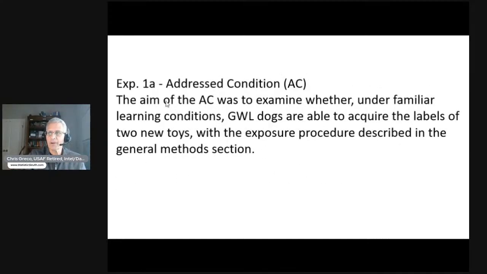So they had experiment 1A, which was the address condition. The aim of the AC was to examine whether under familiar learning conditions, in other words, in their homes with their owners, GWL dogs are able to acquire the labels of 2 new toys with the exposure procedure described in the general method section, which there's a PDF that you can get that will have every single thing that you want in there.